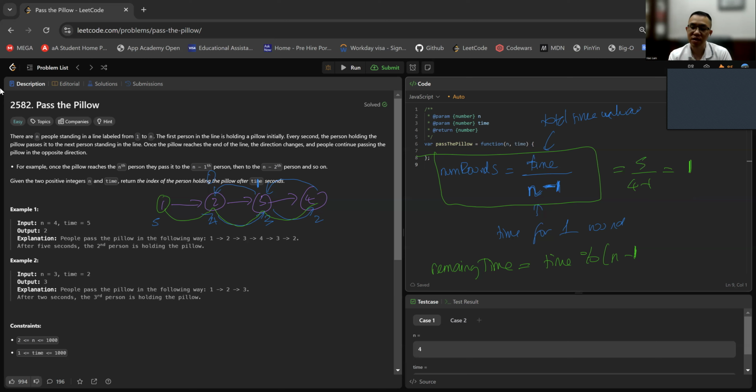One here means that we can go one full round. This only counts if we finish the whole round. If we are halfway through the round or 75% through the round, that doesn't count. That's why we have the remaining time here, which is equal to the time, 5 mod n minus 1, which is 4 minus 1, so 5 mod 3 is 2.